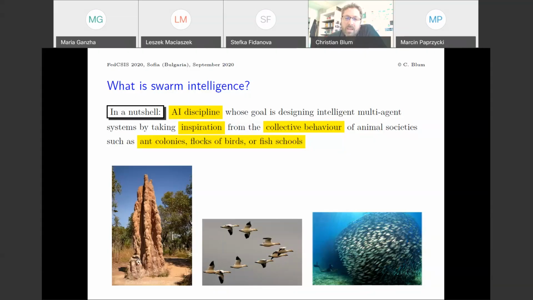The second example I have here is these geese flying in V shape. This is also the result of following simple local rules. And these rules have evolved because when they fly in this way, they can save energy. There will not always be the same bird flying in the front position, because this would actually be very bad for this bird.